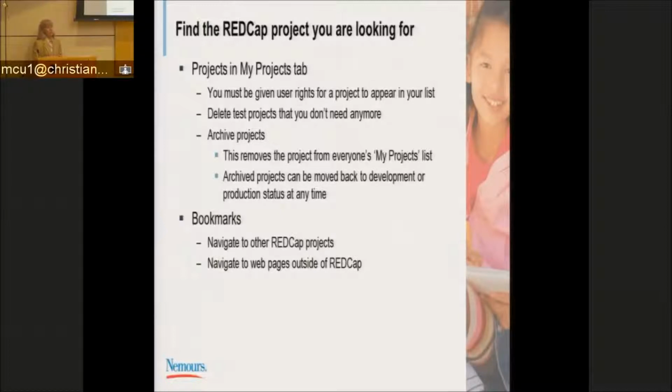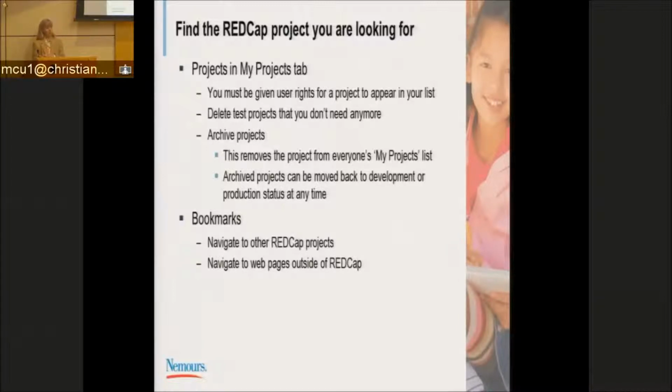And you can also archive projects. When you archive a project, it moves the project off of your My Projects list as well as everybody else who has access to that project, and it ends up in a list of archived projects. You can always show your list of archived projects, add them back to be viewed in your My Projects tab, and you can click on those and see them.